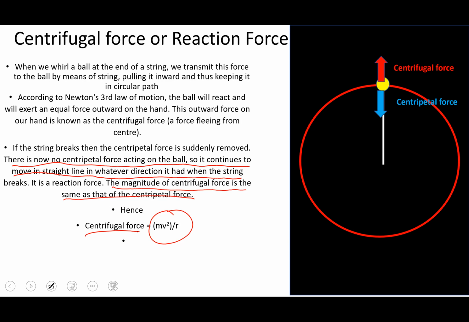So only the direction of centrifugal force can be represented by the positive sign, which is moving in outward direction, whereas the direction of centripetal force will always act inwards.